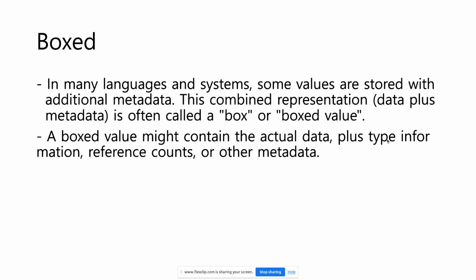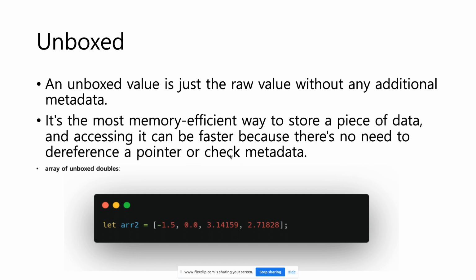That's called boxed. The meaning of boxed is that some values are stored with additional metadata. A boxed value might contain extra data, plus information like reference counts and other metadata. And unboxed is just the raw value without additional metadata.